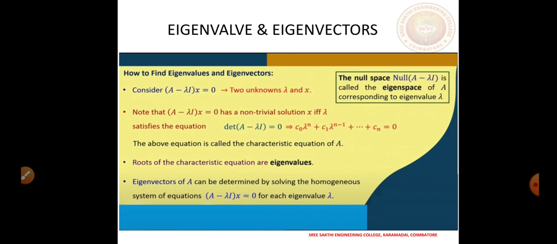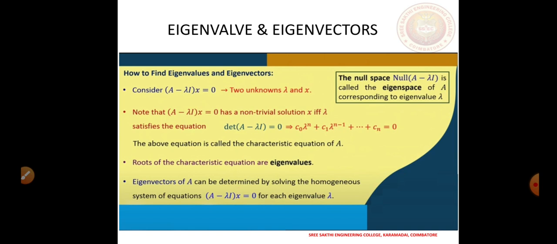We need to compute lambda and also we need to compute x. There is one equation here, A minus lambda I x is equal to 0, or it is a system of equations, and we have two unknowns, lambda and x.